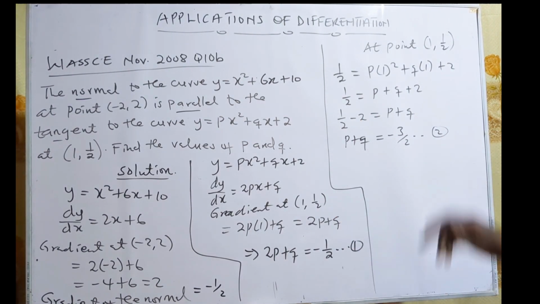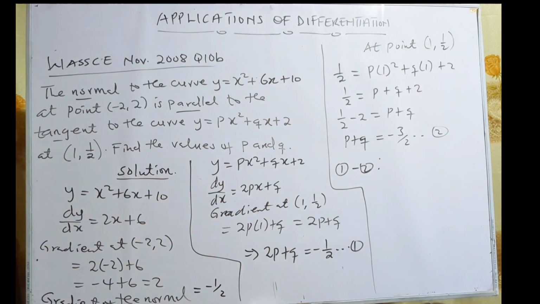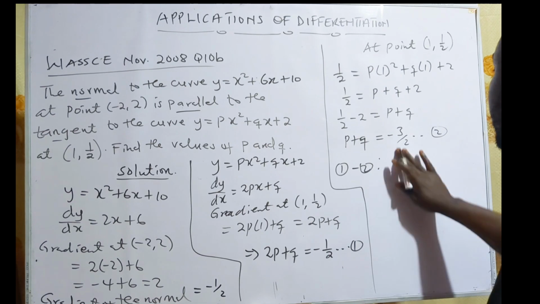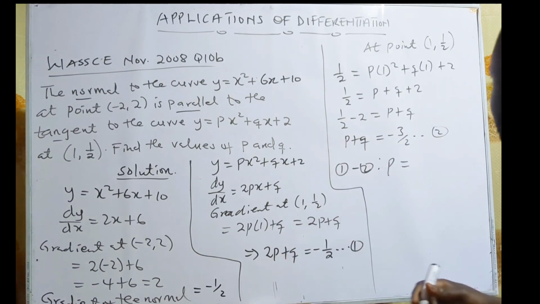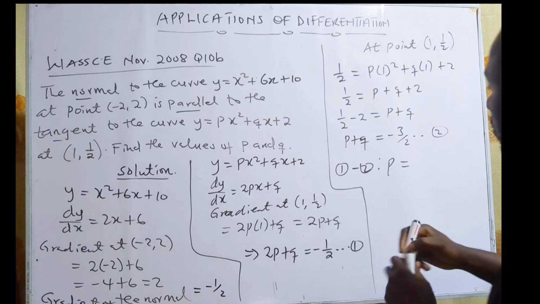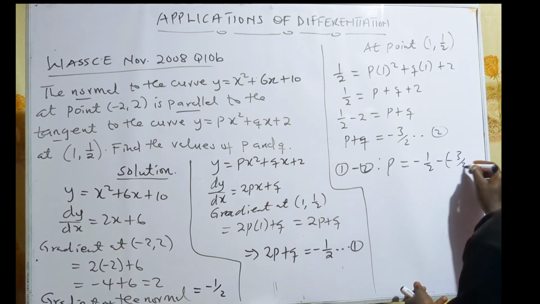So I'm going to solve 1 and 2 simultaneously. I have q here and q here, so I can use the elimination method. Let's say equation 1 minus equation 2. Then that will be 2p minus p, which gives me p. q minus q is 0. Then I'll have minus 1 over 2 minus 3 on 2.